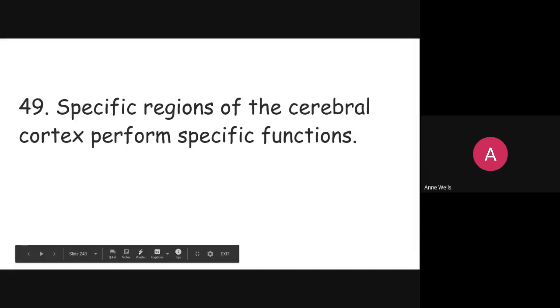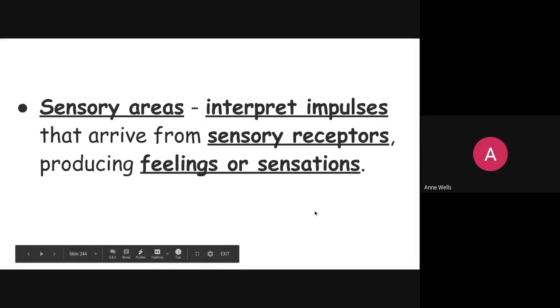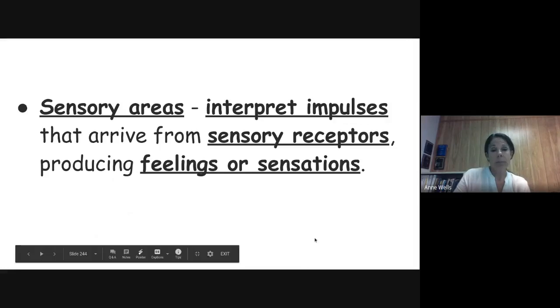Number 49, specific regions of the cerebral cortex perform specific functions. So these are some things that happen. So you have sensory areas. These interpret impulses that arrive from sensory receptors, producing feelings or sensations.